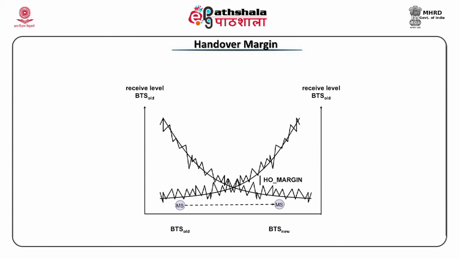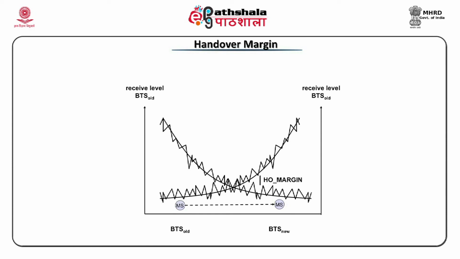First, it should not be very large, because in that case it will cause more call drops and cutoffs. It should also not be very small, because in that case frequent handovers would be instigated. Once it is found that the difference between the two signal qualities is greater than the HO margin, the decision for the handover is taken.